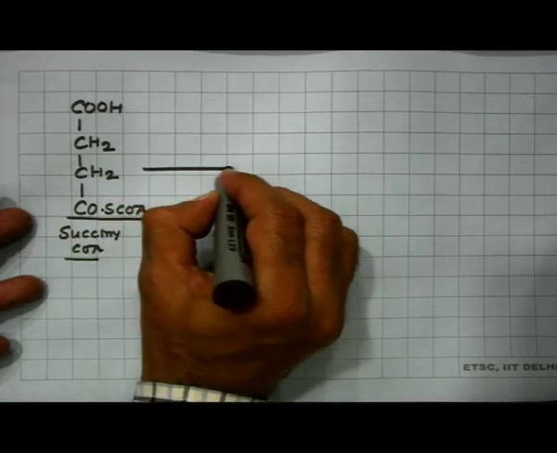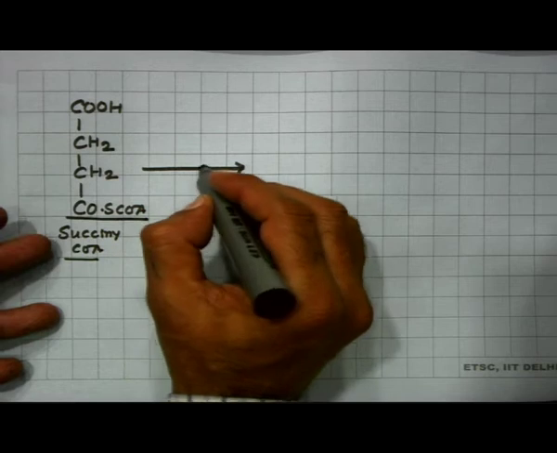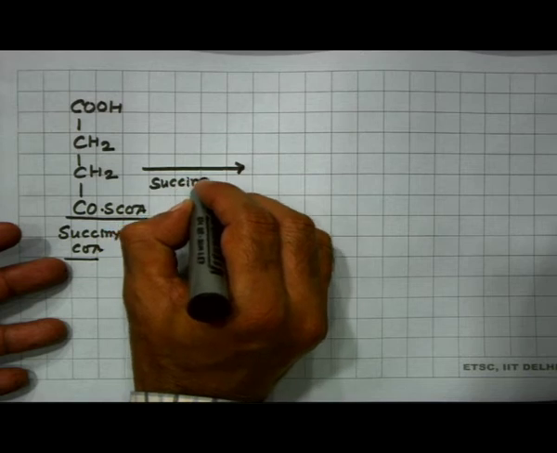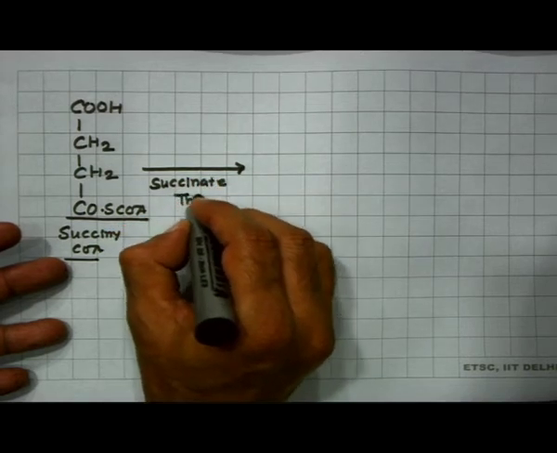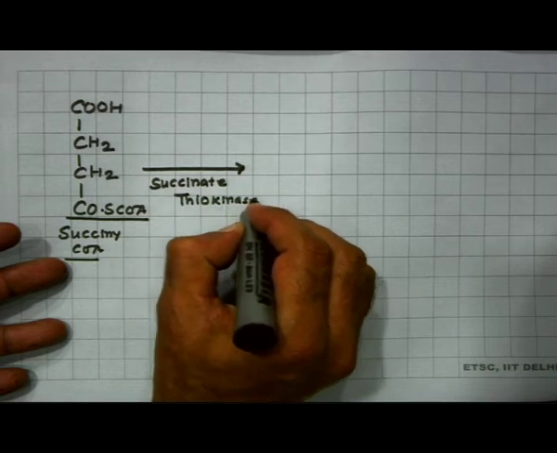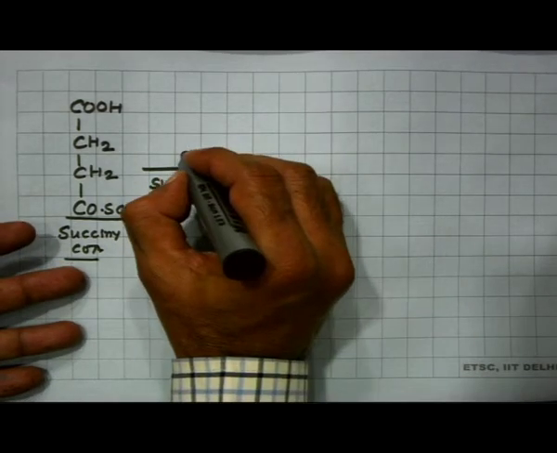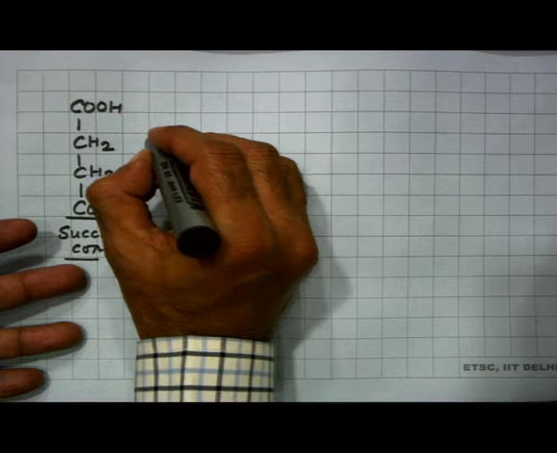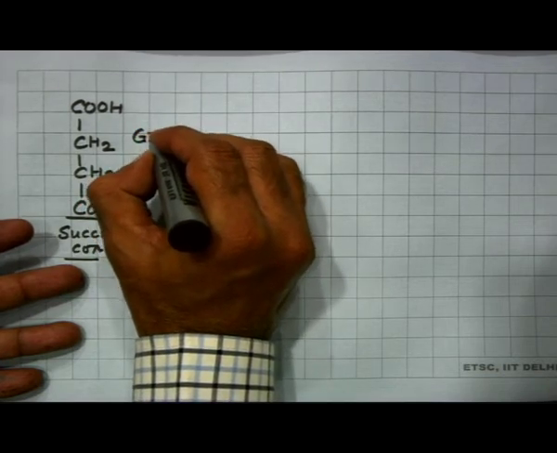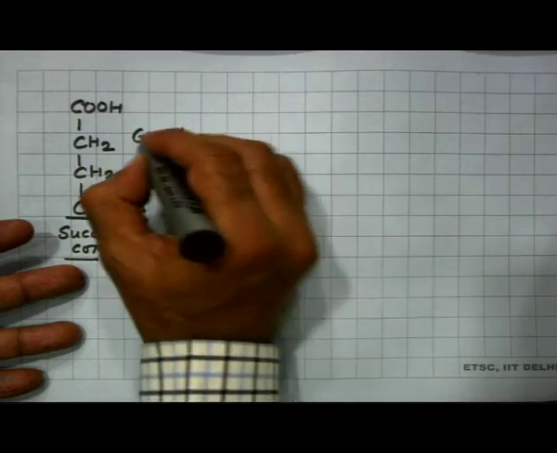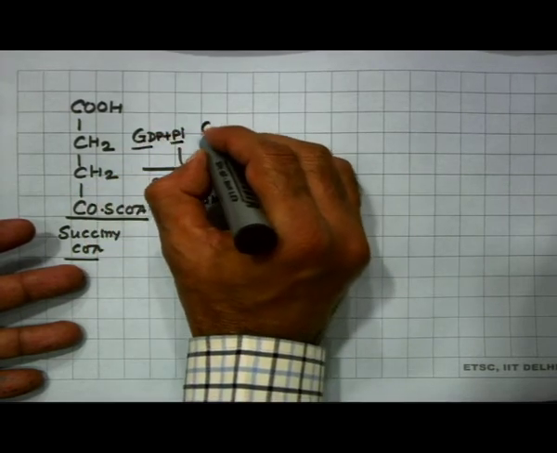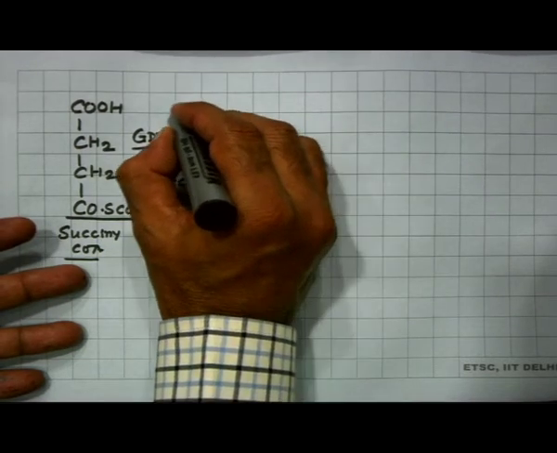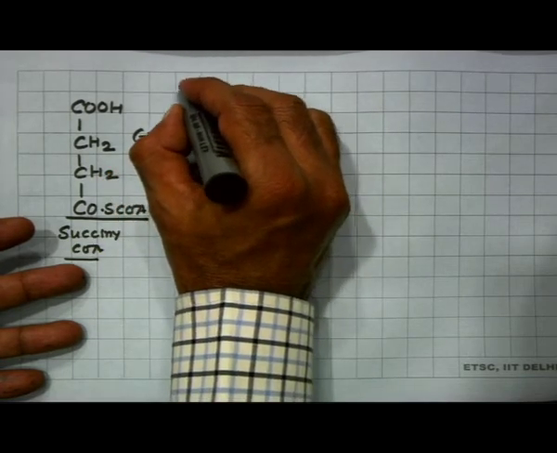Now, it undergoes substrate level oxidation. The enzyme used here is succinate thiokinase, and the hydrogen is removed, and here GDP plus Pi is converted into GTP plus ADP, which helps in the formation of ATP.